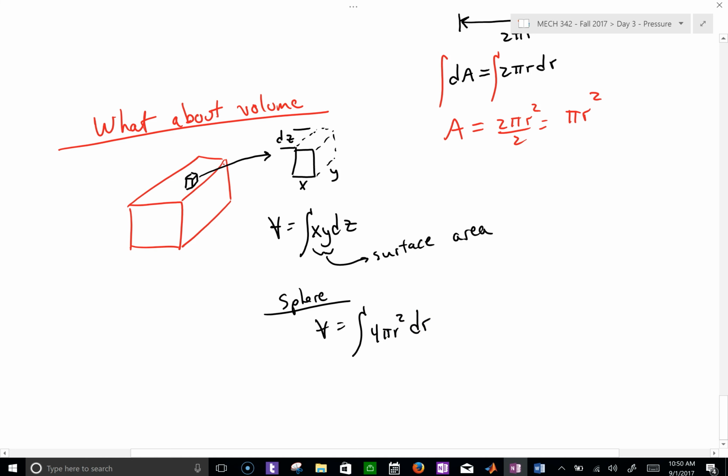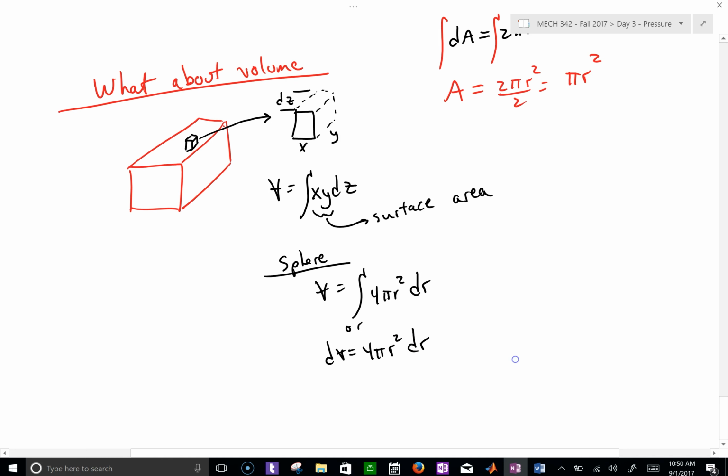In order to integrate this to get the total volume of a sphere, you would integrate that, and what would you get? 4/3 pi r cubed, right? Or dV is 4 pi r squared dr, if we just do the differential.